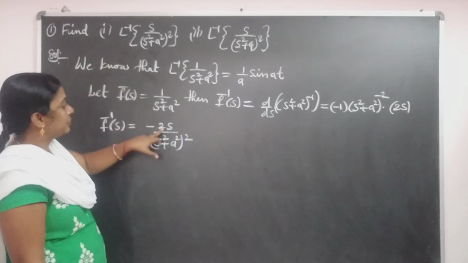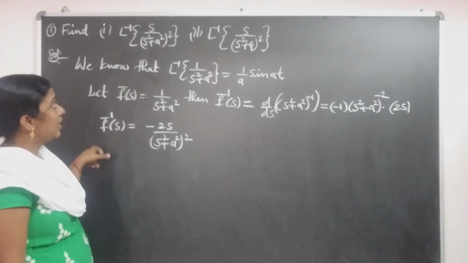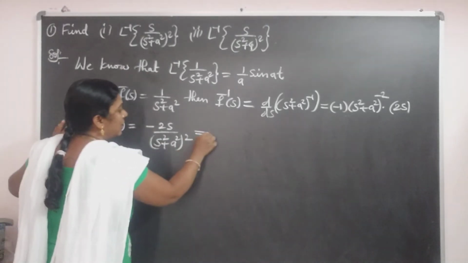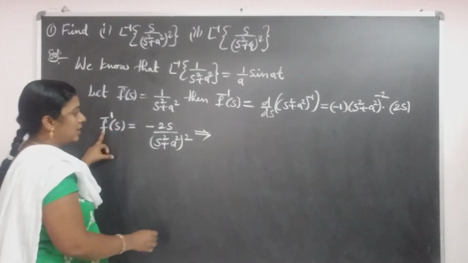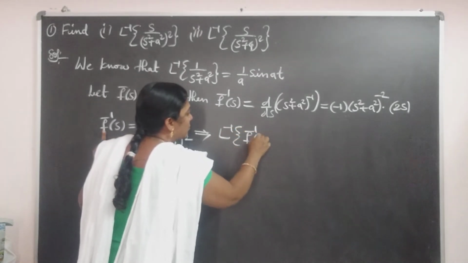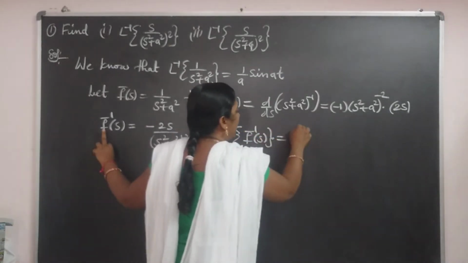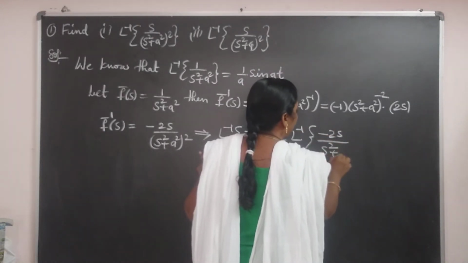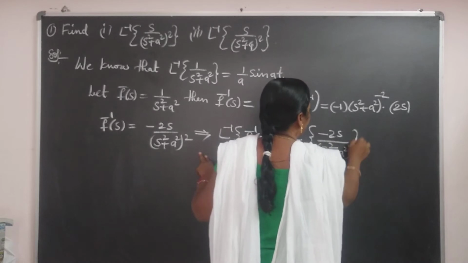Here minus 2 is taken outside. Taking L inverse on both sides, L inverse of f bar dash of S is equal to L inverse of minus 2s by (S square plus A square) whole square.